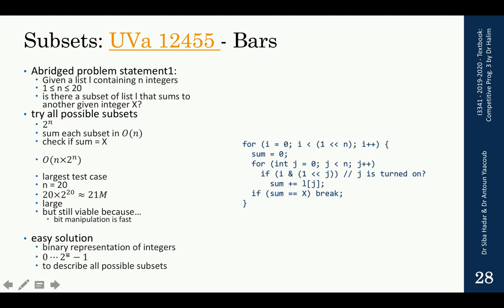So how many possible subsets do we have? It is the number of different values we can have for n bits. It is 2 to the power n, with values going from 0 to 2 to the power n minus 1.